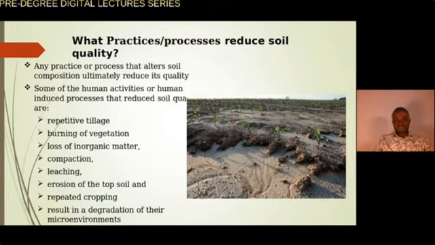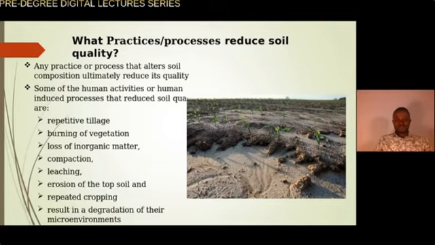Any practice or process that alters soil composition will ultimately reduce its quality. Like the components of the soil we listed before, the organic matter, the inorganic matter, the water and air. If anything alters them from that regular composition, it will likely reduce the quality of the soil.